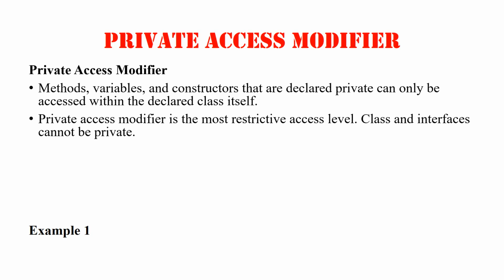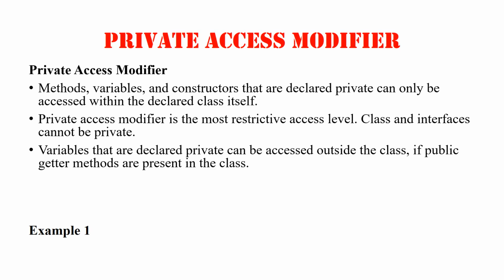Classes and interfaces cannot be private. So never declare your class or an interface as private. That's why, when we are creating a class, it comes by default as public class something, like fresh juice and whatever. So it doesn't come as private.